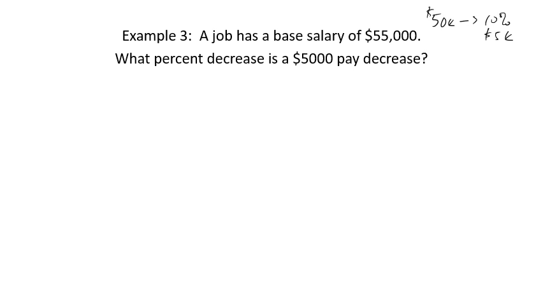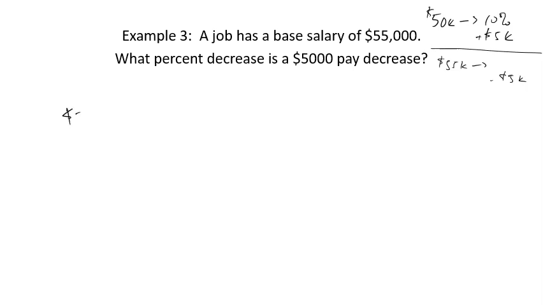So the $50,000 10% was 5,000. Now we're doing 55,000, and we want to find the percent on minus 5,000. A lot of students are going to see this 5,000, add 10% gets us to 55. So if we're at 55, it must be minus 10% to get back to 5,000. A lot of you probably already know this is not the case, but if not, let's work through it.